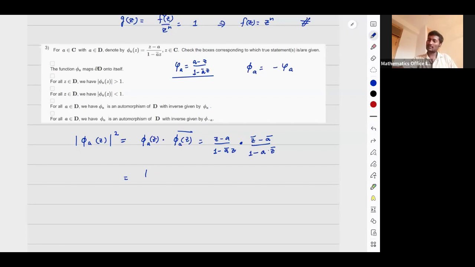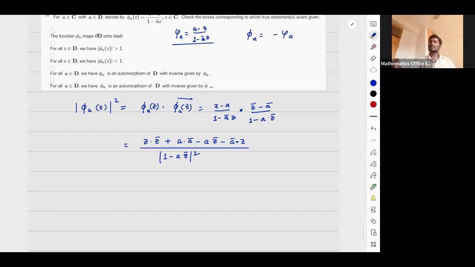We have to write the expression z into z bar plus a into a bar minus a into z bar minus a bar into z, divided by, we directly write here something positive number, modulus of 1 minus a z bar squared. So this is a positive number, that is clear.